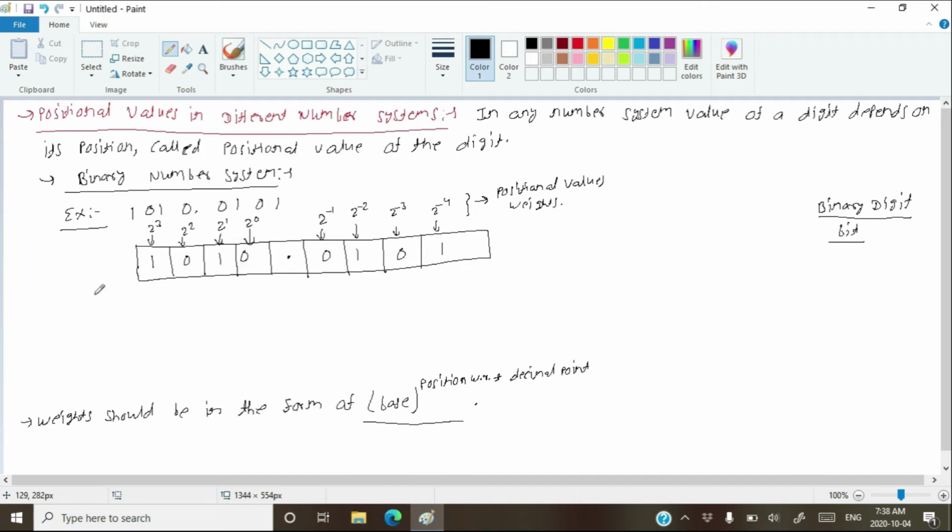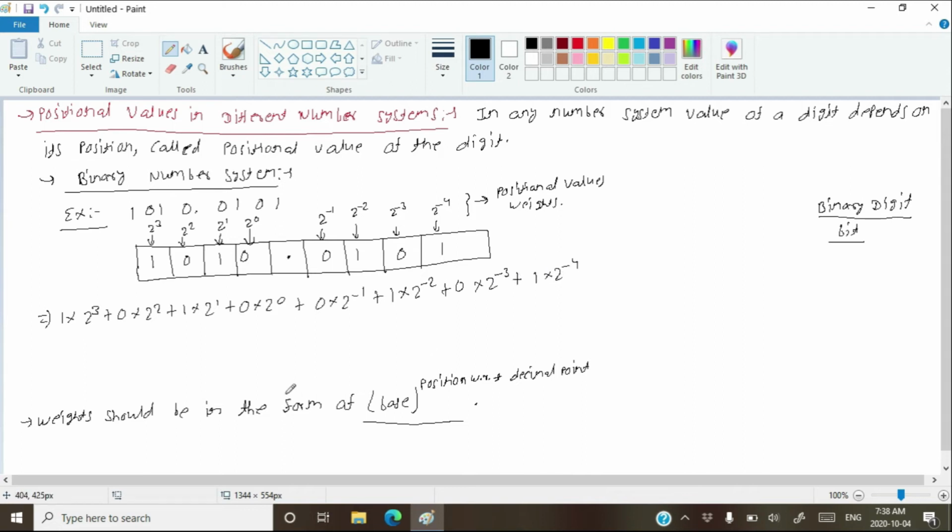Okay, what I mean here is, if you write here 1 into 2^3 plus 0 into 2 square plus 1 into 2 to the power 1 plus 0 into 2 to the power 0 plus 0 into 2 to the power minus 1, do not bother about this decimal sign. This has no effect here. 1 multiplied by 2 to the power minus 2, 0 multiplied by 2 to the power minus 3 plus 1 multiplied by 2 to the power minus 4.